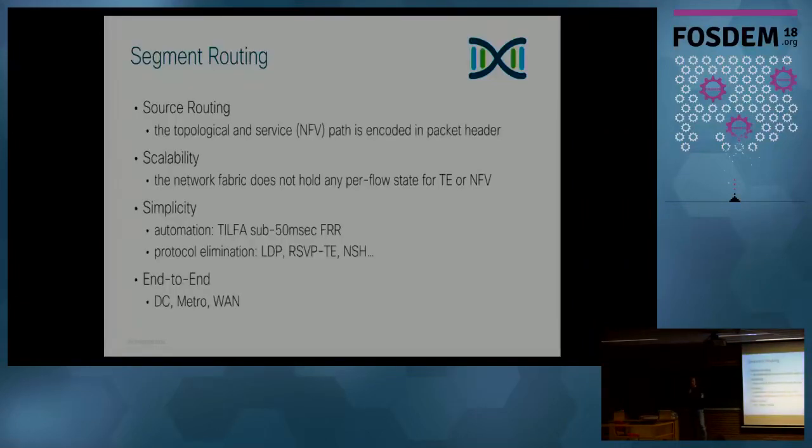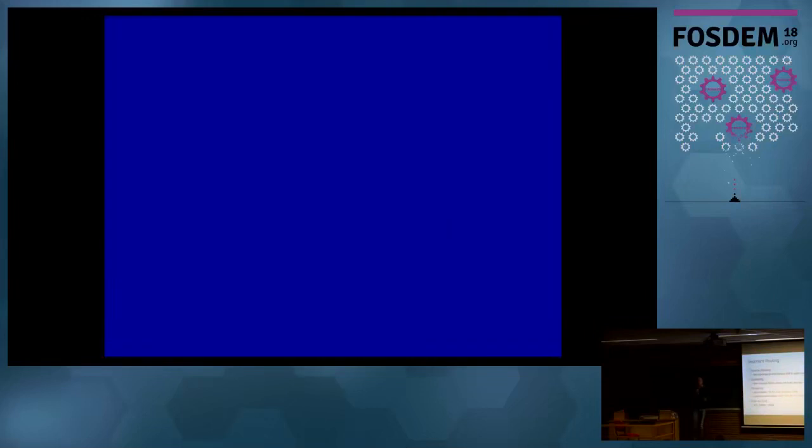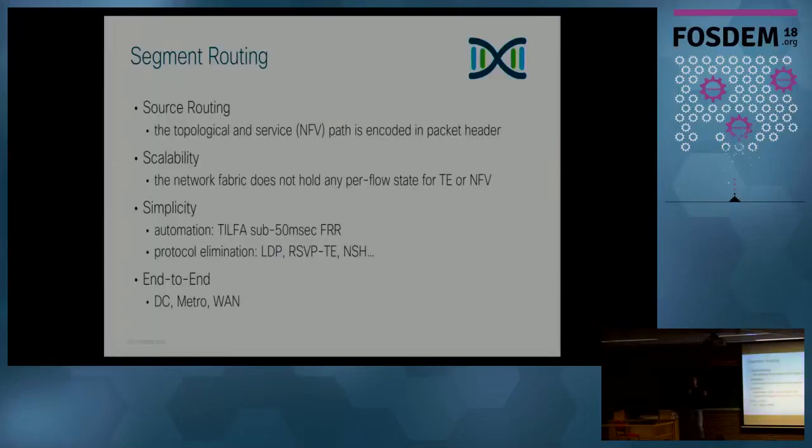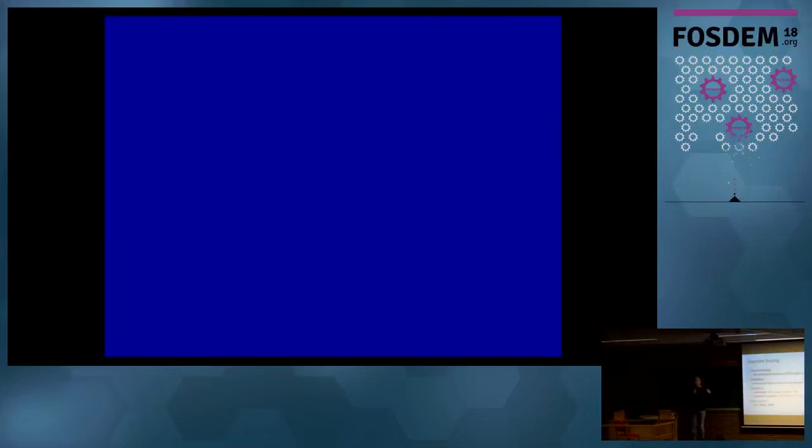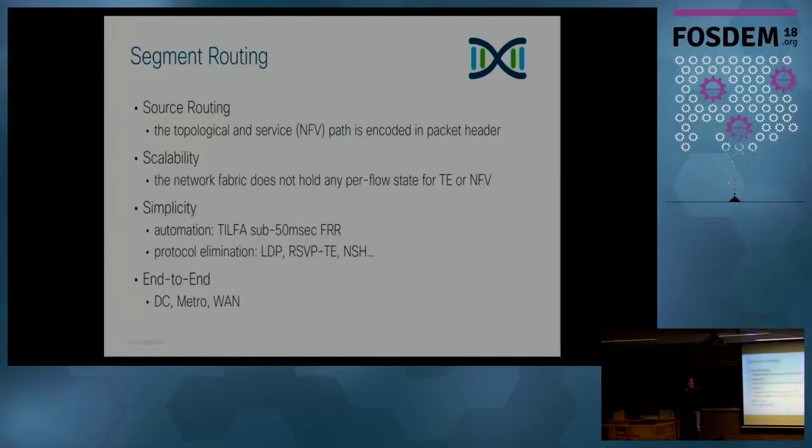So if I want to go from Madrid to Amsterdam via Brussels, when my packet is out from Madrid, I just add one little segment list saying Brussels and then Amsterdam, and the packet will follow the shortest path to Brussels and then go to Amsterdam. That's simple. And this is really scalable, because you can implement any traffic engineering policy that you want, and you can put this together with any NFV deployment that you want.